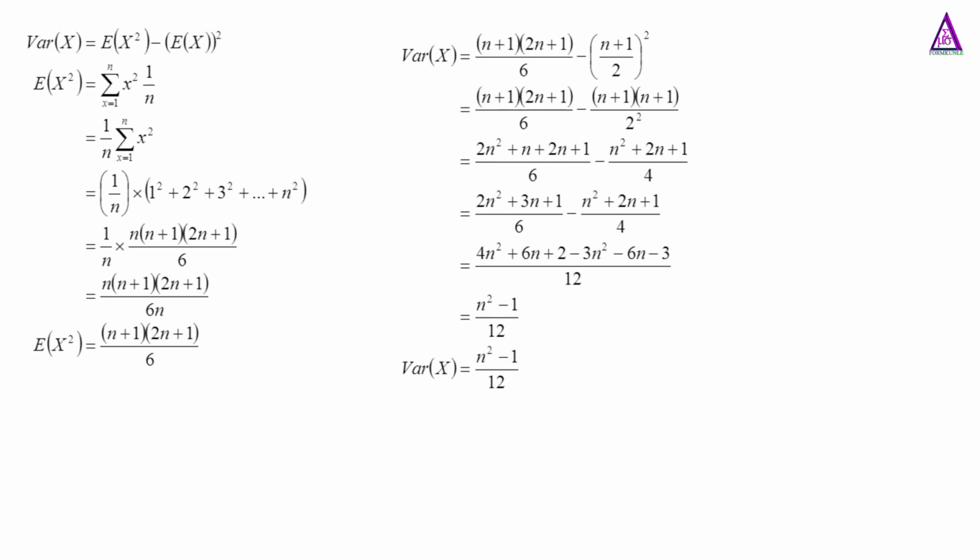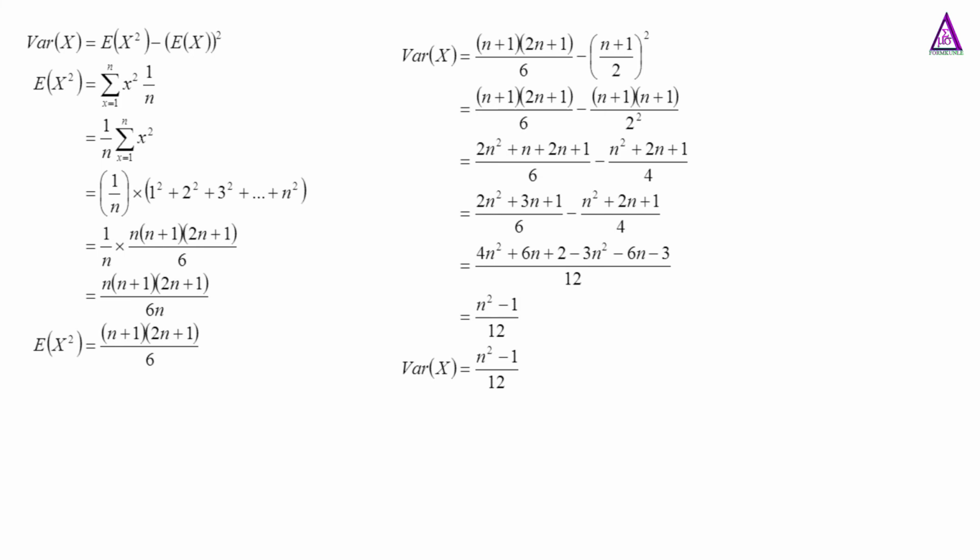So in the next equation, by multiplying 1 over n with the expansion of this, we have n(n plus 1)(2n plus 1) divided by 6n, and n cancels n. We have the expected value of x squared equal to (n plus 1)(2n plus 1), everything divided by 6.